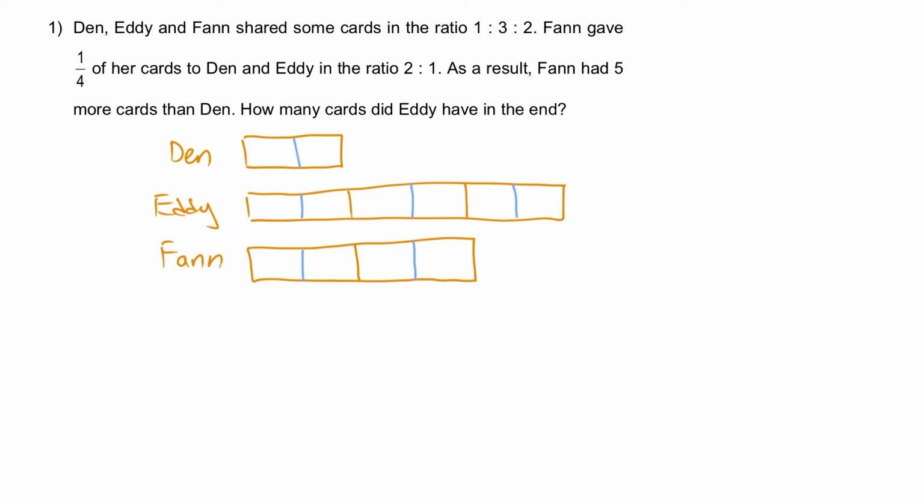Therefore, imagine before Fan gave out this 1 unit, she decided to partition it into 3 parts. So for example, she's going to do this. She's going to partition this into 3 parts. Therefore, out of these 3, she's going to give Dan 2 units and Eddie 1.